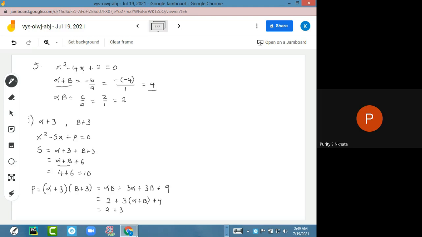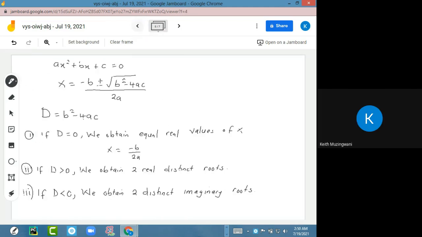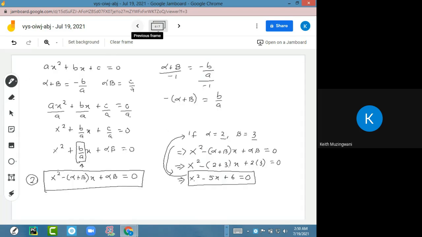Sir, hello? I'm kind of lost from the beginning, where it says x squared minus 5x. Somewhere here is S. Yes, we're coding the sum as S. So we're supposed to write this.